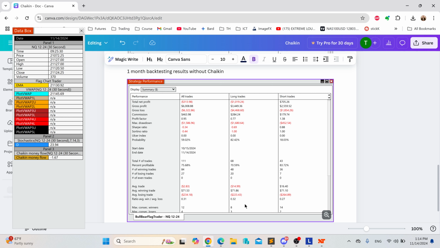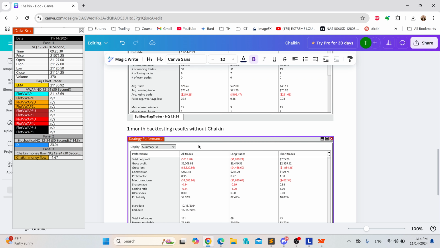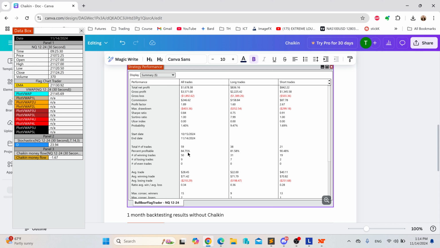Our win rate is okay, but our risk to reward ratio is very low. This is our net profit. But if we enable the Chaikin money flow indicator, our results are way different.